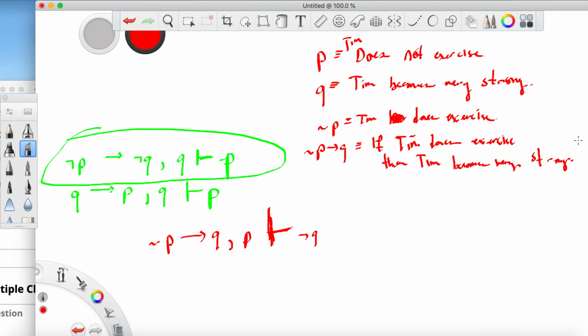And then basically what this argument is saying is that, in fact, Tim does not exercise, right? But then what they're inferring, with not Q, is that Tim does not become very strong.